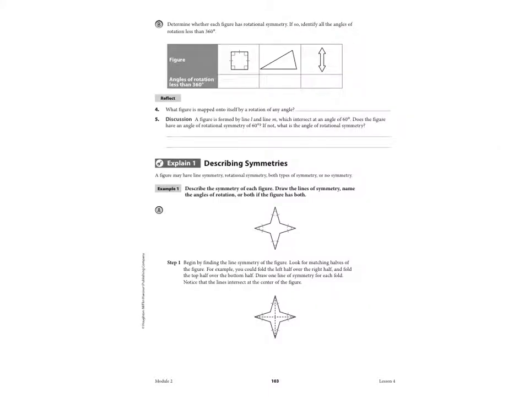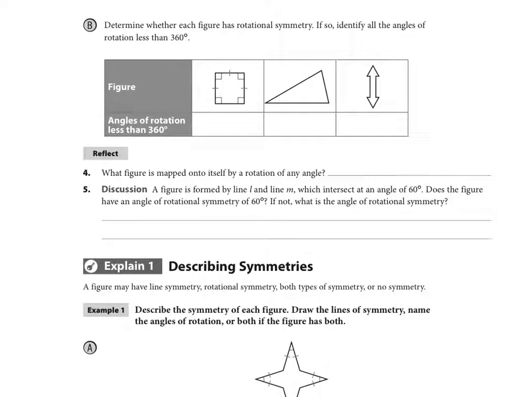So now we're going to turn to 103 and determine whether each figure has rotational symmetry, and it wants the angles. So this has 4. 360 divided by 4 is 90.